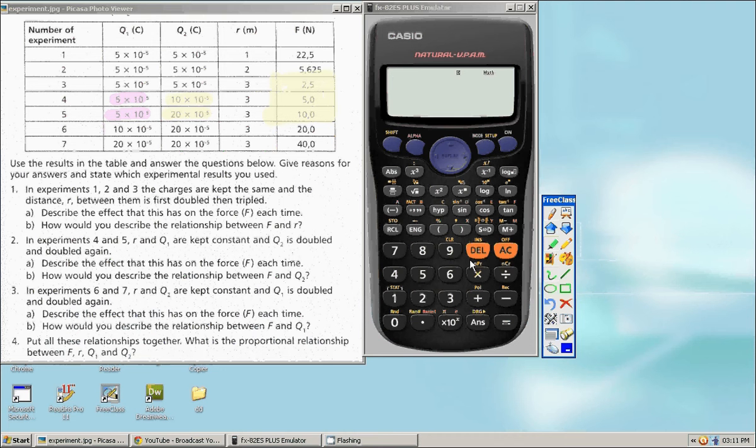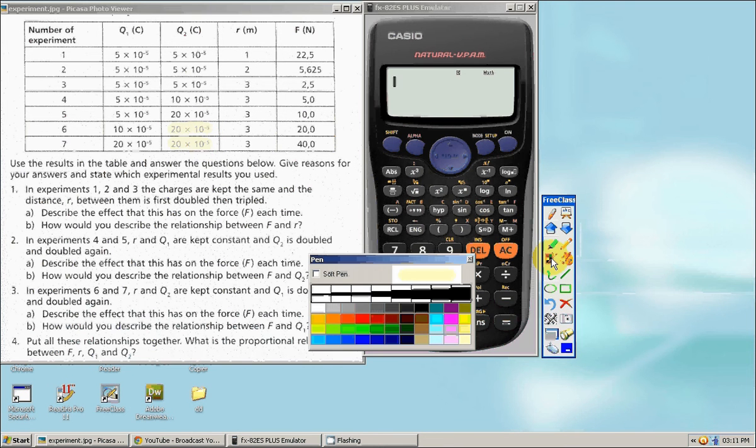In question 3, we're going to look at the next 2 experiments. In experiments 6 and 7, it says Q2 is now kept constant, so this is kept constant, but we're now going to change Q1. We're doubling Q1. What's the effect?